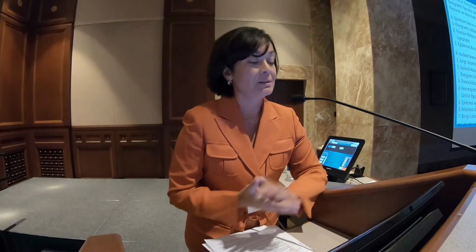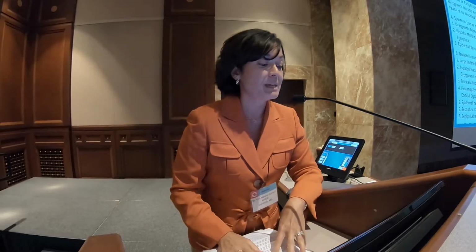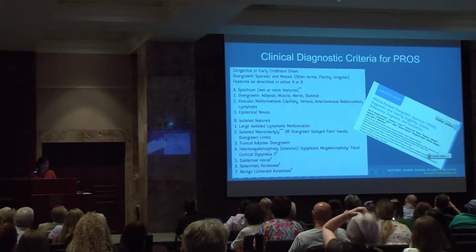And then we noted, as I've described a little bit earlier, that it could be presenting as a spectrum with 2 or more features, and you can see those there, or isolated. And the key ones are the overgrowth of any tissue type, any combination, different types of vascular malformations that are capillary, venous, arteriovenous, or lymphatic, and then this skin lesion I showed you, the epidermal nevus.